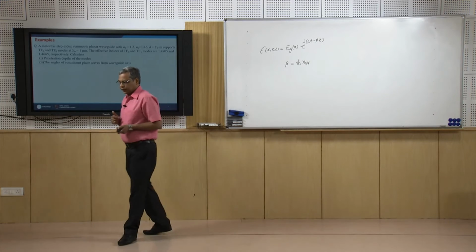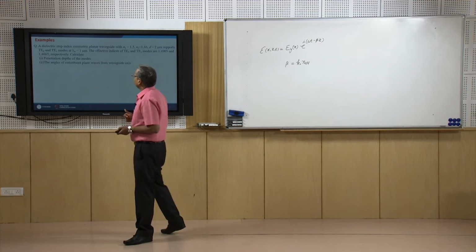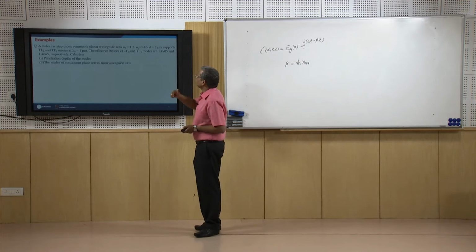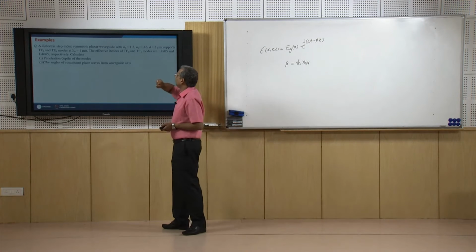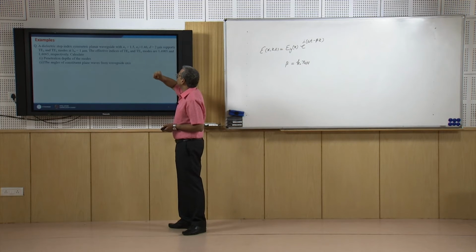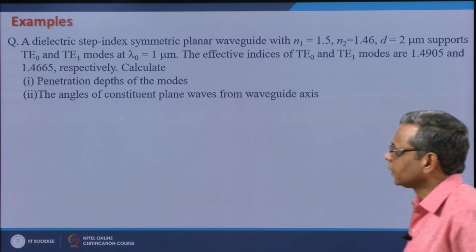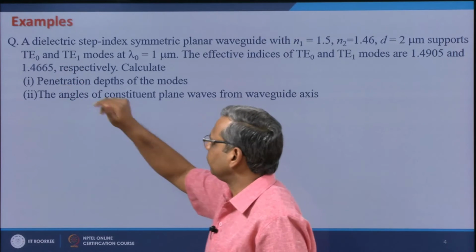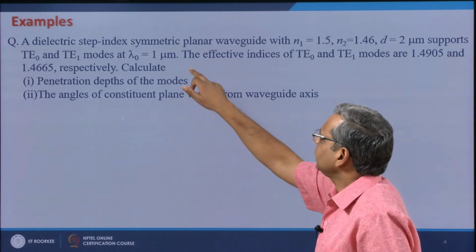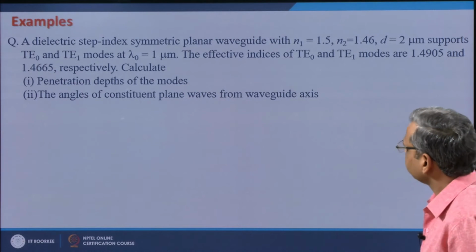Let us work out again some examples. Let me consider a waveguide with N1 equal to 1.5, N2 equal to 1.46, D equal to 2 micrometer, and it supports two modes, TE0 and TE1, at lambda equal to 1 micrometer.